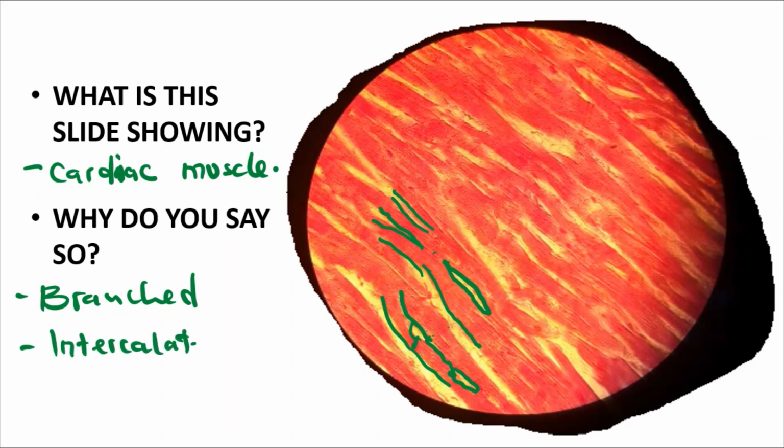What do you find in intercalated discs? You find desmosomes. It also has a single nucleus, so it is mononucleated.